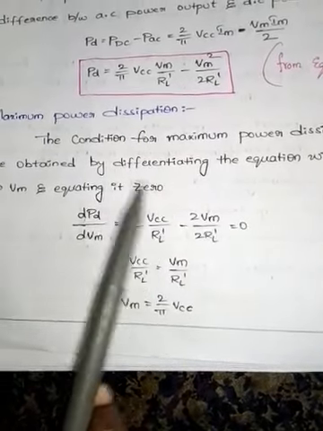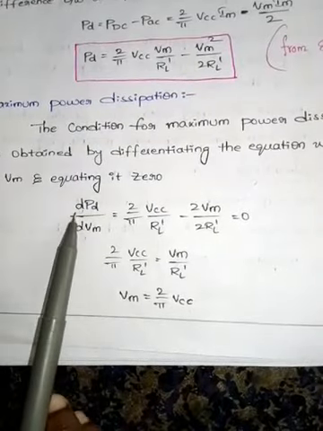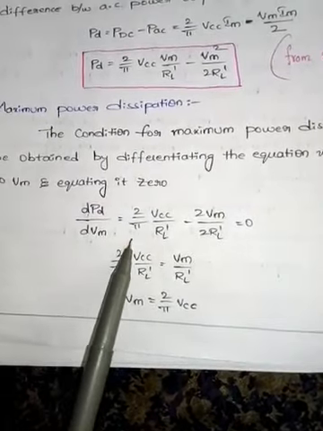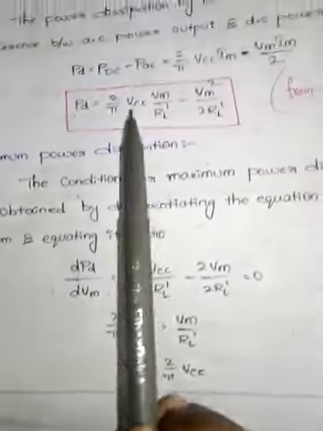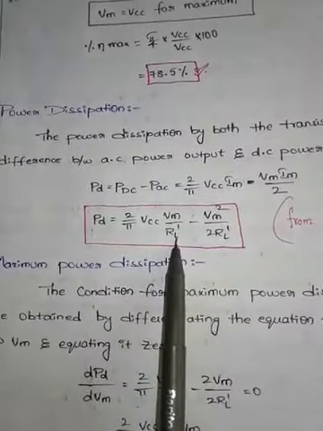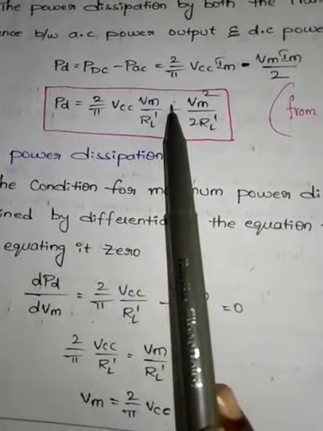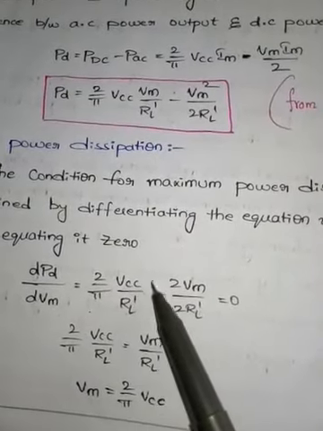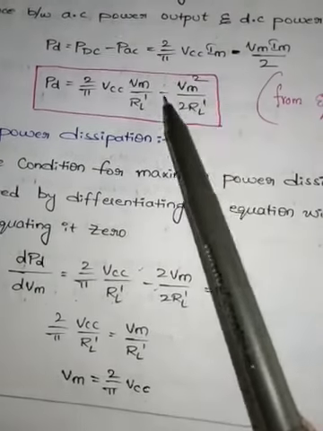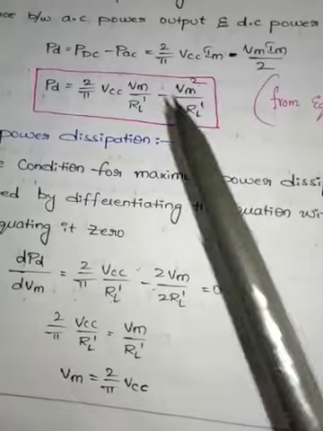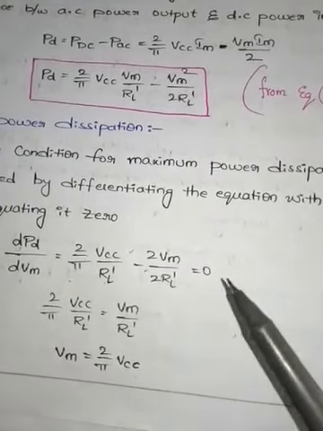So dPd by dVm equals 2 by pi VCC by RL dash; since we are differentiating with respect to Vm, Vm won't appear in the first term. Minus, differentiating Vm square gives 2Vm, so 2Vm divided by 2 RL dash, equals 0.